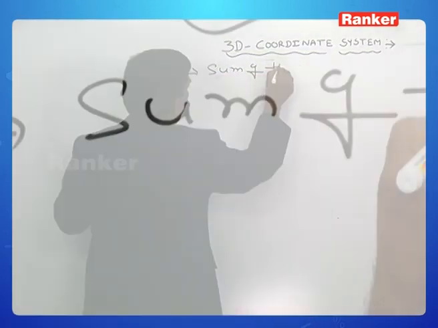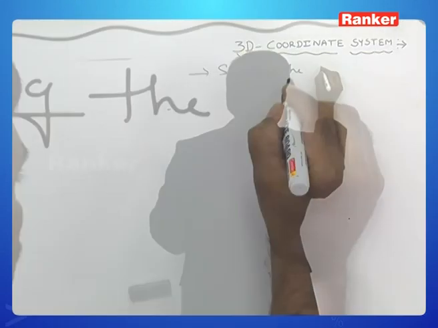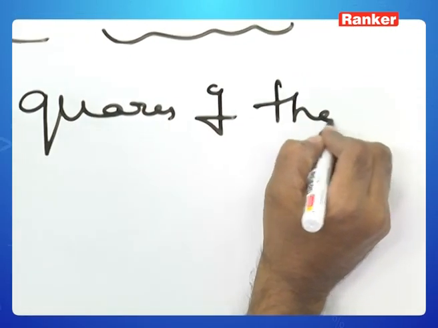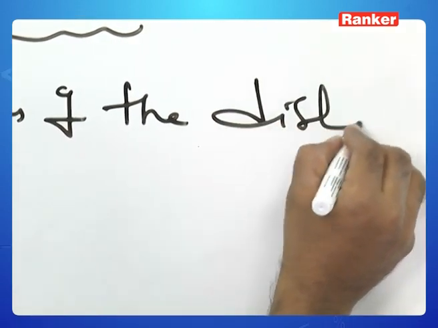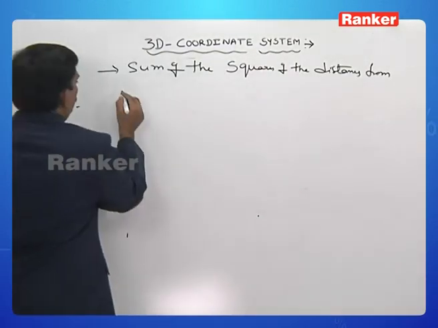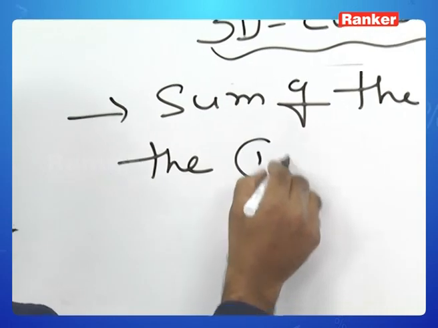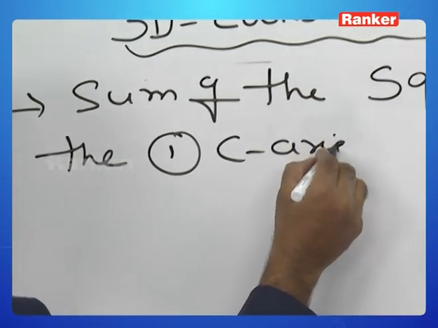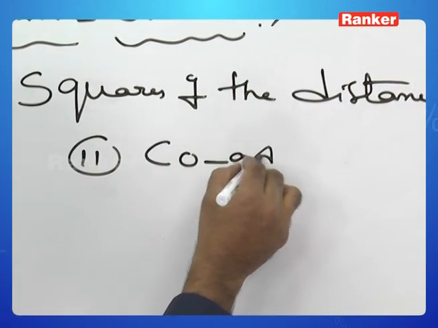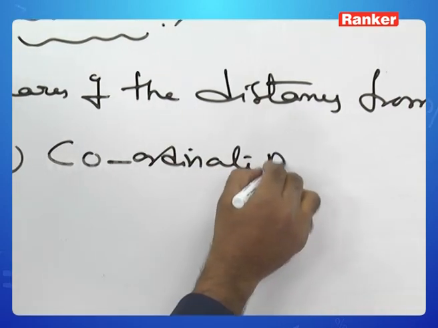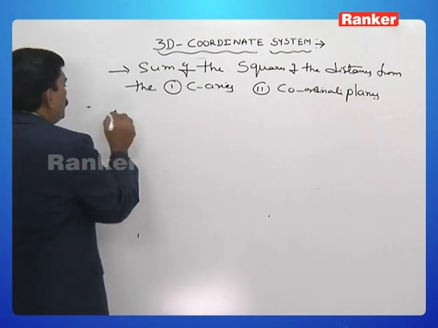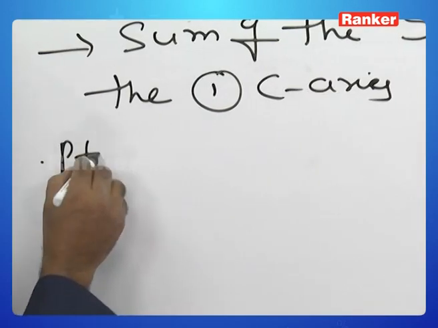The sum of the squares of the distances, first from the coordinate axes, and second from the coordinate planes.